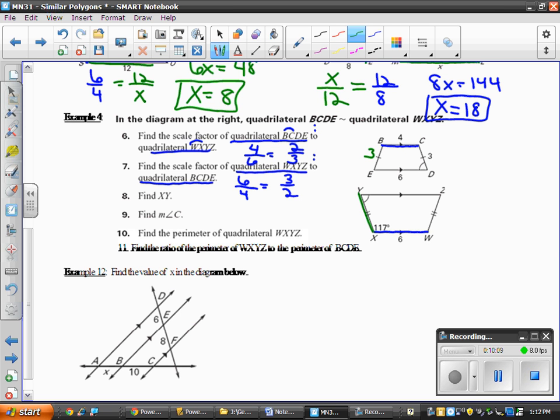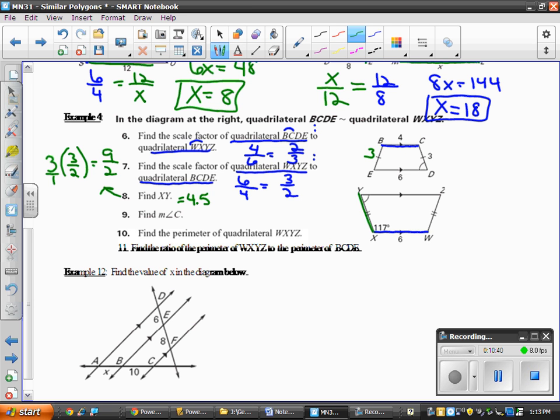And so if we take 3, I'm going to put this work over here, if we take 3 and multiply it by the scale factor of 3 halves, we will get our XY. So we have 9 halves. If you want to put this over 1 to make it nice and easy, we've got 9 over 2, and that's going to give us a length of 4.5.